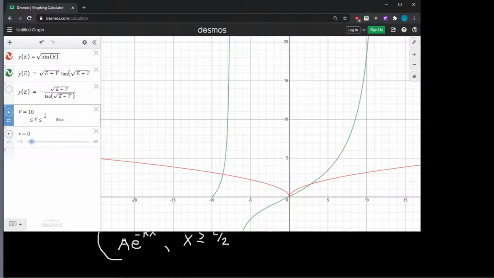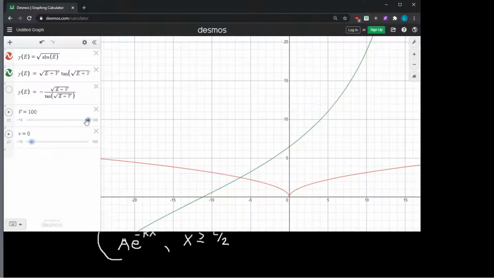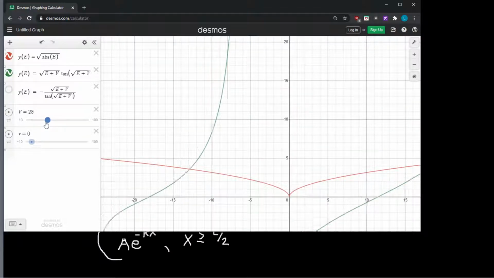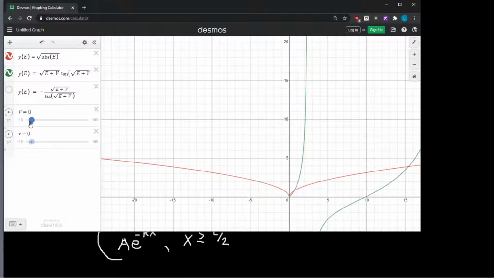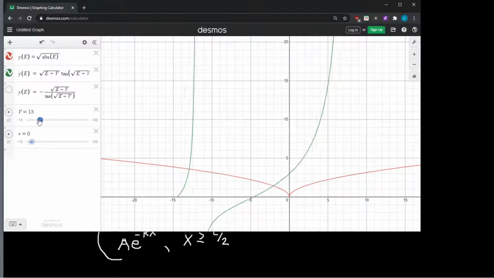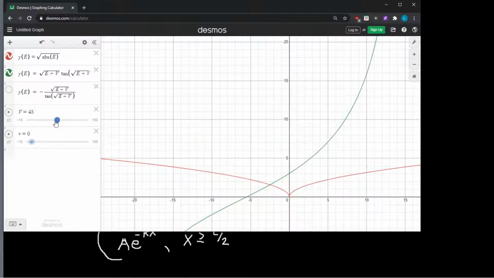If I make it 100, we can watch it. As we make V deeper and deeper, we get more and more intersections. So we're getting more and more solutions the deeper we make our well.